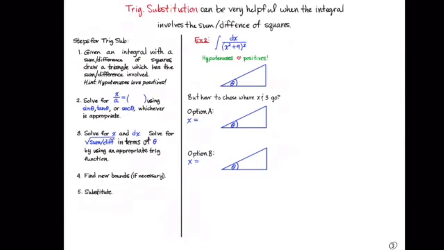But once you know that it is a trig sub, even though we don't have the square root in here, it's still that sort of x squared plus a squared form, then that makes you start thinking, oh, this is trig sub. So we want to start by drawing a triangle which has the sum and the difference involved.